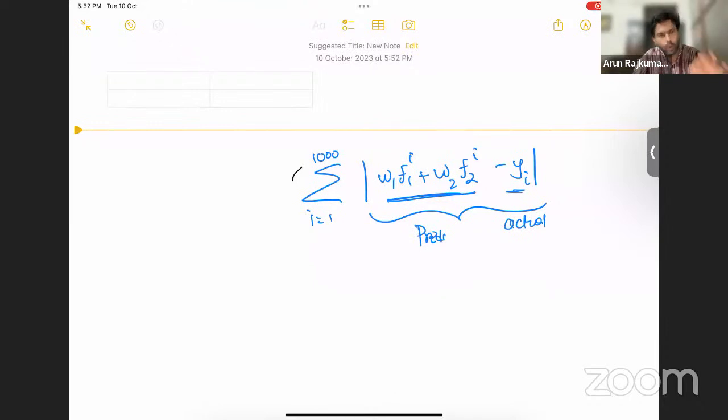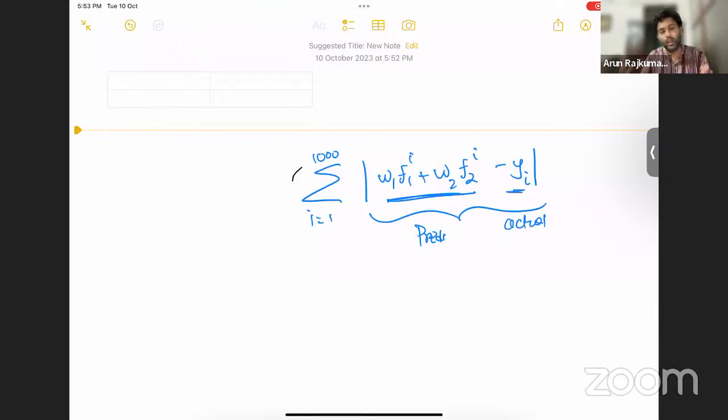The reason is purely algorithmic, in the sense that, finally I want to solve this problem. I want an algorithm that will give me the best W1 and W2, the best price for apples and oranges. Now it turns out, if you do the squaring, finding this is much easier than if it is an absolute value.